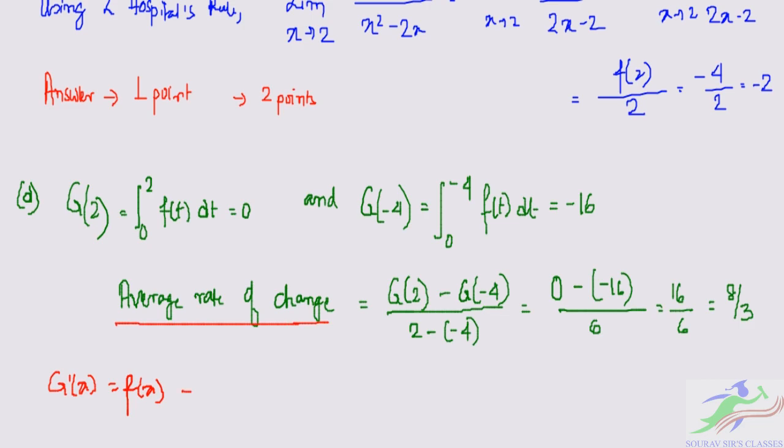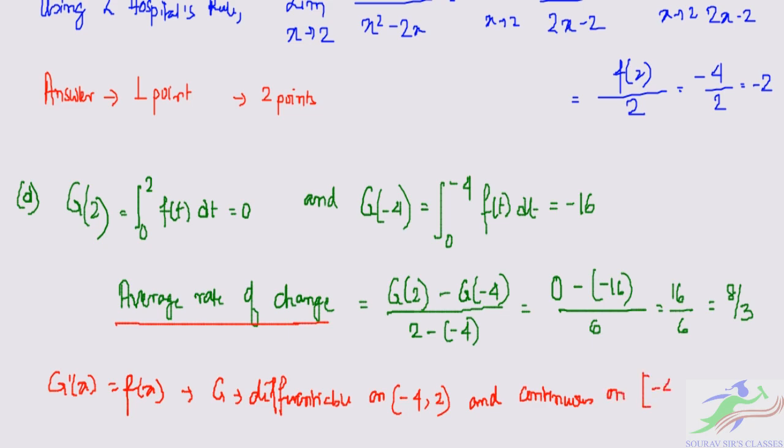So g is differentiable on the open interval minus 4 comma 2 and continuous on the closed interval minus 4 comma 2, right?